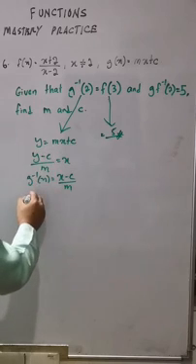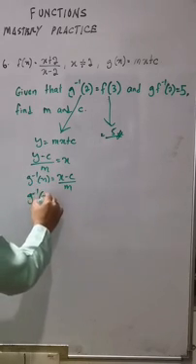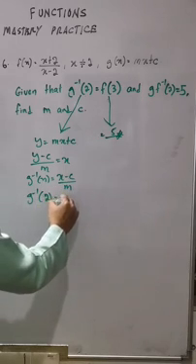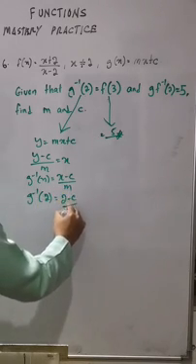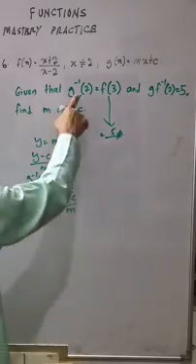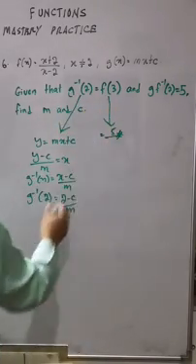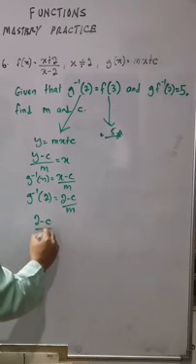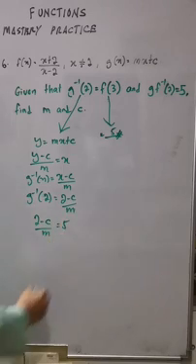So if you replace x with 2 here, we have (2 minus c) over m. This equals this, so we say (2 minus c) over m equals 5.